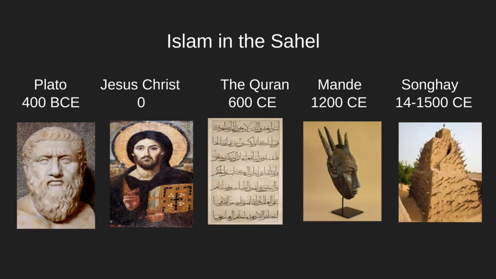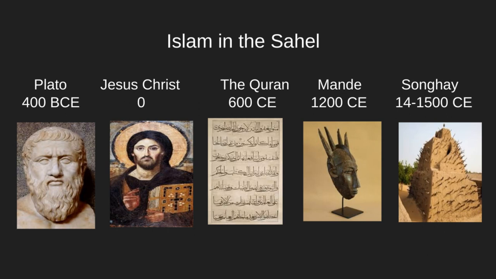For instance, Alexander the Great is mentioned in the Quran, who was the pupil of Aristotle, and Aristotle was the pupil of Plato. Plato was the pupil of Socrates. Alexander the Great is considered by some Muslims in West Africa to be, in effect, a prophet, and so we can think of Islam as coming into a world that has already been effectively Hellenized, or in which the encounter with the Hellenic world has already occurred.